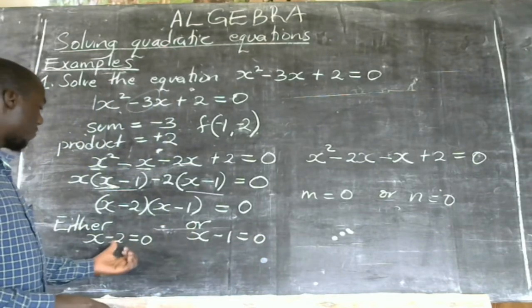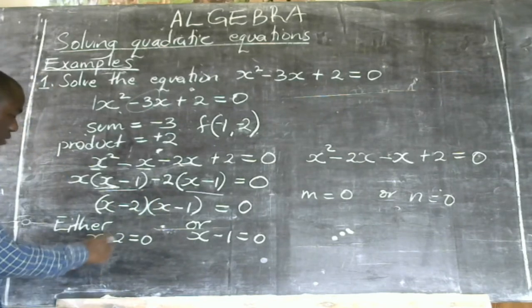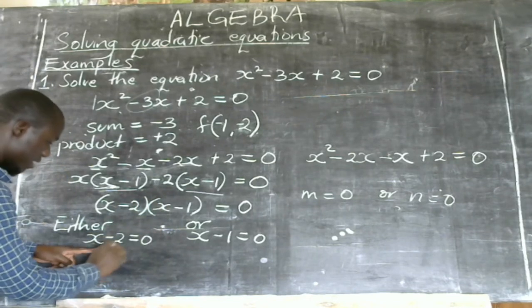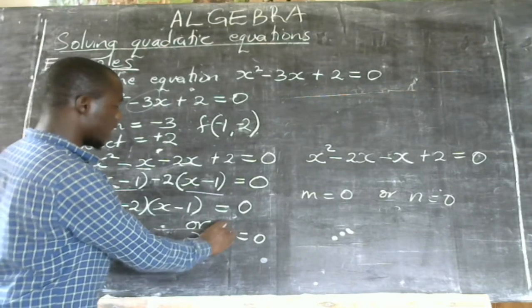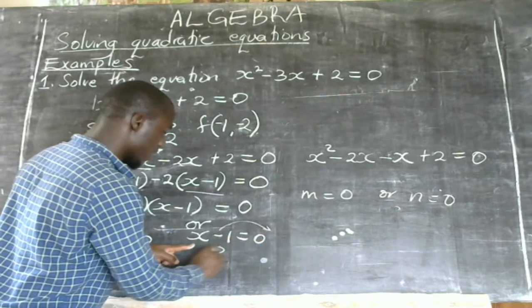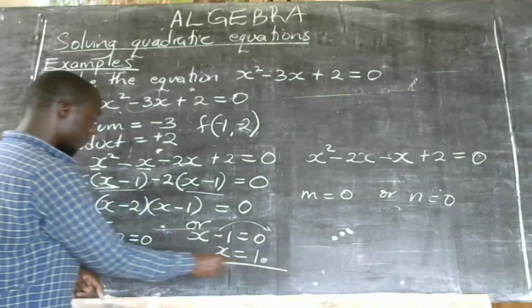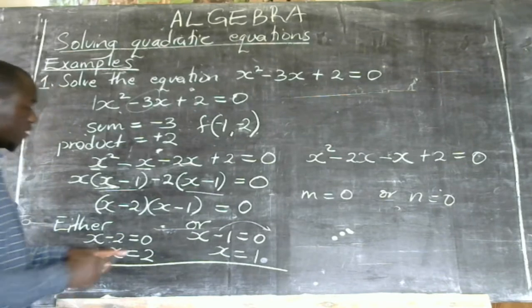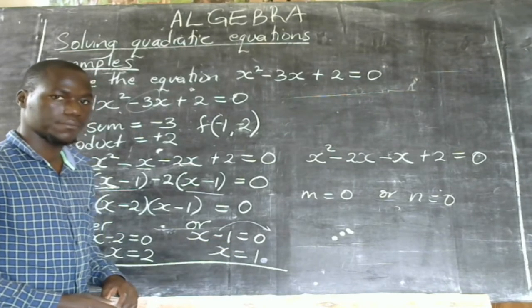From here you can find the two values of x that we are looking for. Here you can take the negative to the other side to become a positive. Then even here you can take the negative 1 to the other side to become a positive. So we have the values of x as 2, and another one as 1.